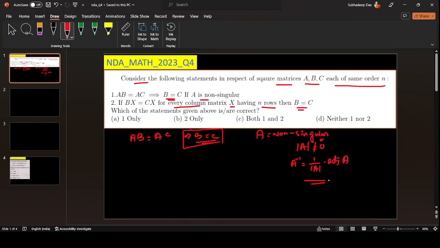Now see that the inverse has a property that A into A inverse or A inverse into A both give us the identity matrix. This is the property of inverse matrix. Now if AB equals AC, we can pre-multiply A inverse with both sides.